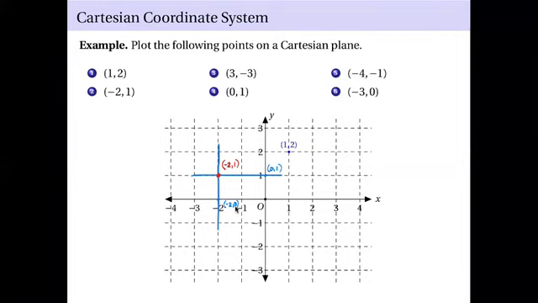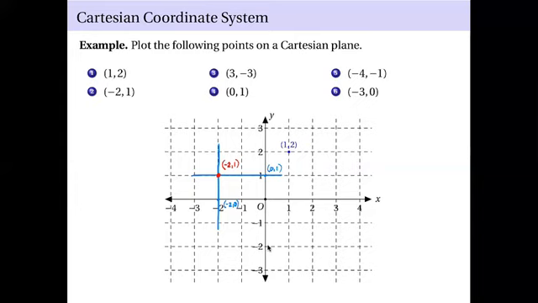When we write 0, it means you're on the axis itself. Here your y is equal to 0, so you're on the x-axis. Here your x equals 0, so you're on the y-axis.